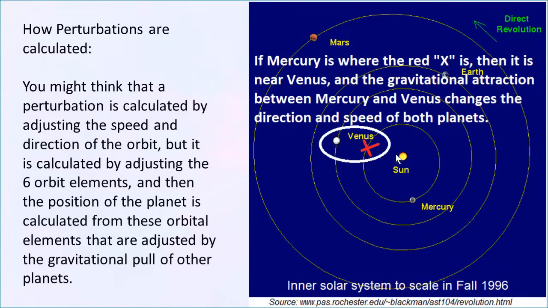These three are conjunct. Then Venus and Mercury are close enough to have an increased gravitational attraction, and that's going to disturb their orbits. It's this simple: when two planets get close to each other, they disturb their orbits. They distort them because they're pulling on each other. They're like magnets.